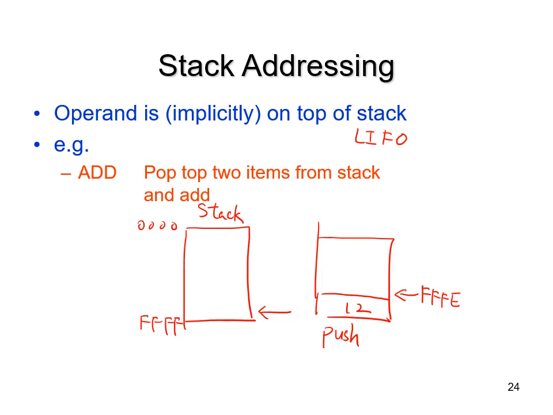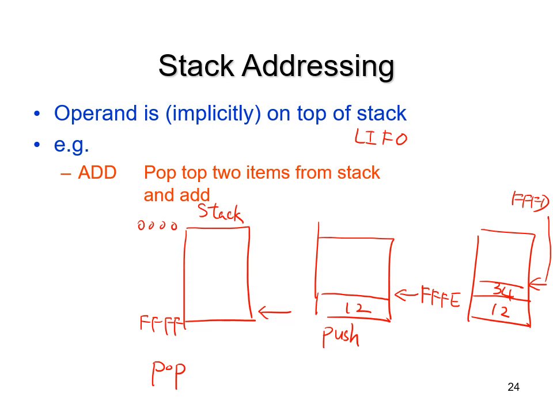Okay. For example, if you have another push, you may update the pointer to FFFD. Every time the stack pointer will be minus 1. When you pop the data, that means you are going to retrieve the data from the stack memory.